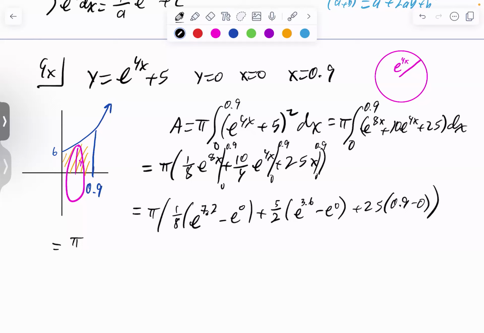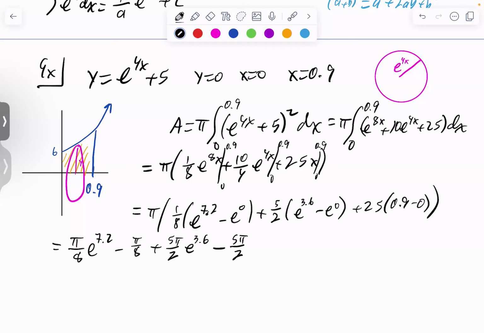So pi over 8 e to the 7.2 power minus pi, e to the 0 is 1, over 8, plus 5 pi over 2 e to the 3.6 power minus 5 pi over 2, because that's just 1 there.